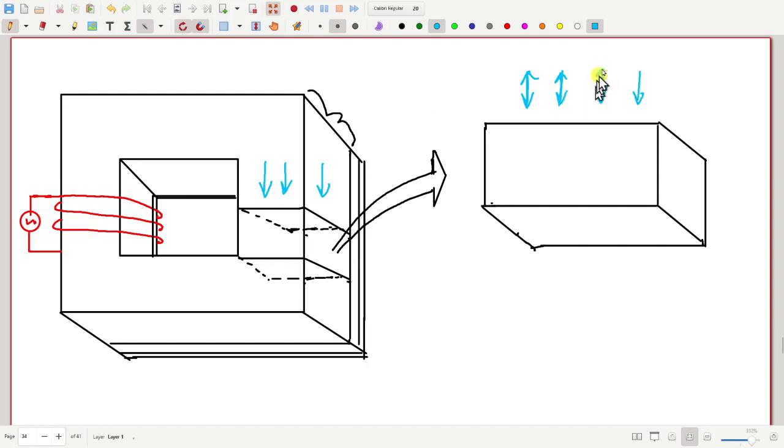So this flux will also be varying, sometimes upwards, sometimes downwards, increasing and decreasing. So therefore we will have some eddy current generated, which will, how will that flow? That will flow surrounding this block. Okay, and we want to estimate how much is the power loss due to this eddy current.